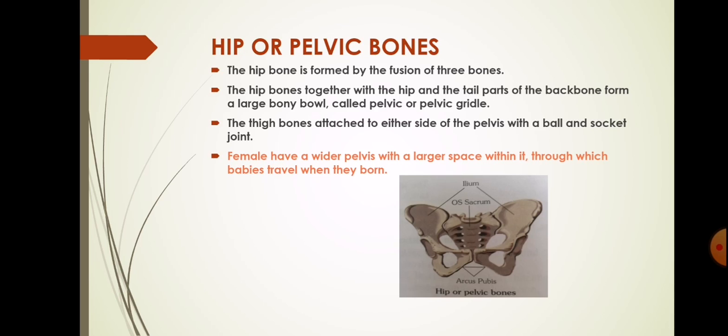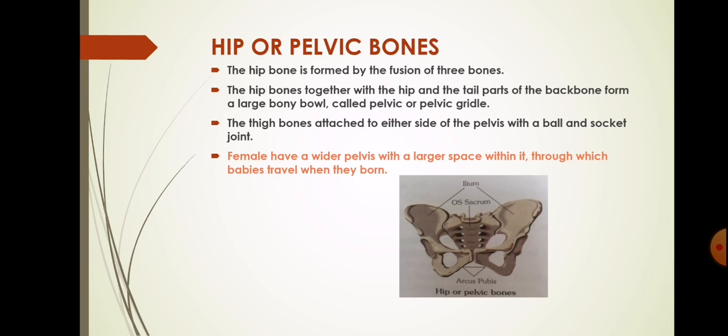This hip bone or pelvic bone is formed by the fusion of 3 bones. The hip bone together with the tail part of our backbone forms a large bowl-like structure, and that bowl-like structure is called the pelvis, or the pelvic girdle.